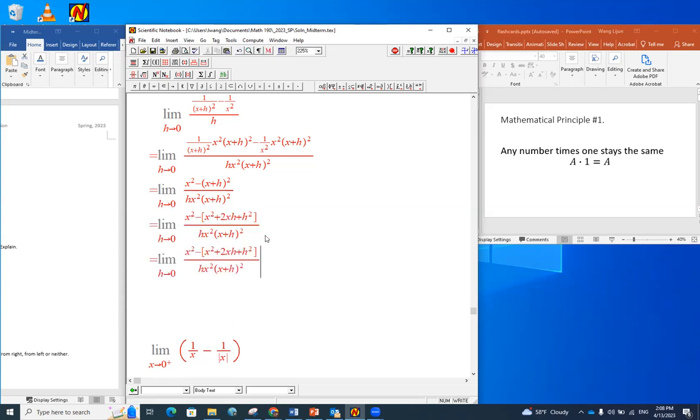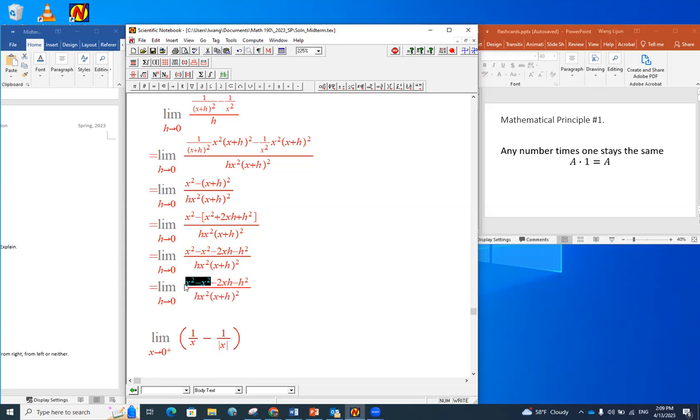And next, open up the bracket. When we open up the bracket, the negative sign is distributed to each term inside the bracket. So we get a negative here, and we get a negative here. Okay, so be careful. And x squared minus x squared makes 0. And h can be factored.